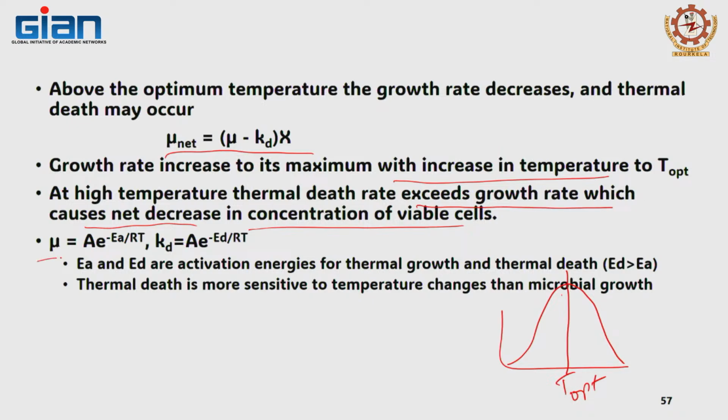And the equation that can be used for the thermal growth is the Arrhenius equation. So, A e to the power minus E_A by RT. So, when it is E_A, it is thermal growth.